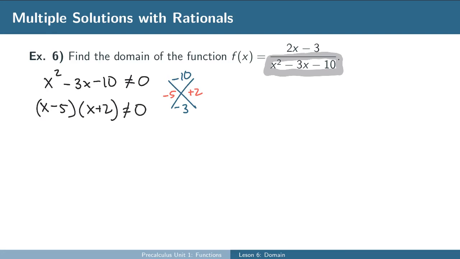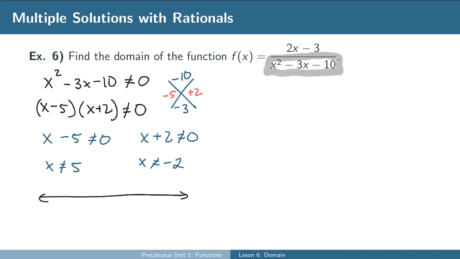Both of those factors do not equal 0. Using our zero product property, x minus 5 will not equal 0, and x plus 2 will not equal 0. In solving both of those, we get x does not equal 5, and x does not equal negative 2. So these are my two solutions.